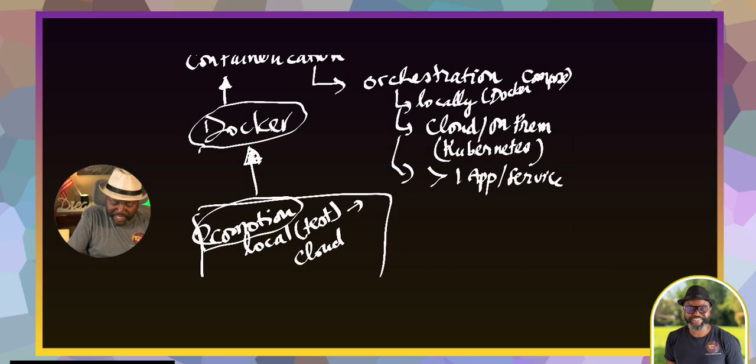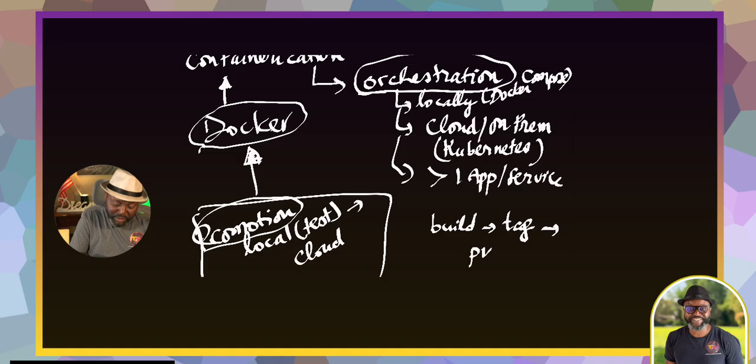Okay, so we've done that, and now once you build your image, it's after you build your image that you can orchestrate. You orchestrate your images depending on how many apps and services you want to build off of that image. This is where we talked about build, tag, and then push.